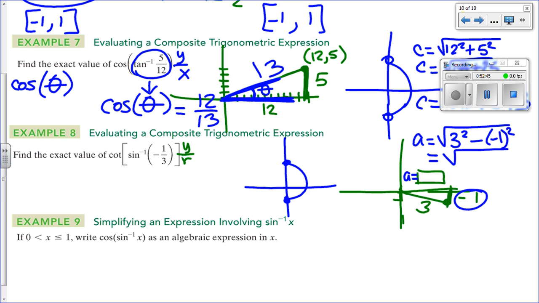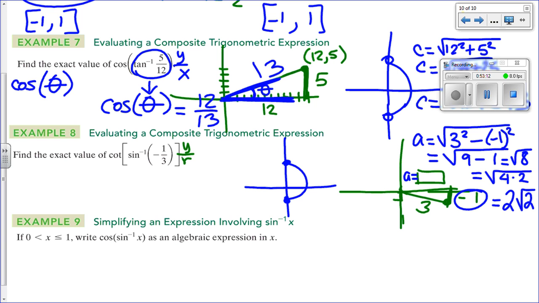If it was cosine, then it would have been the x and the hypotenuse. Okay, so this one, we do 9 minus 1. And so that will be the square root of 8. And you already know that with the square root of 8, we have to factor it. So we have 2. 1 is a perfect square, so that will be the square root of 4 times 2, which is equal to the square root of 4 is 2, and then the other 2 stays inside.